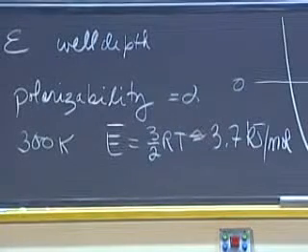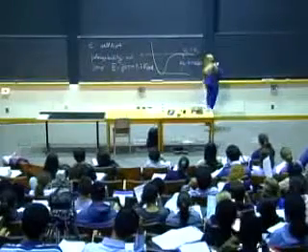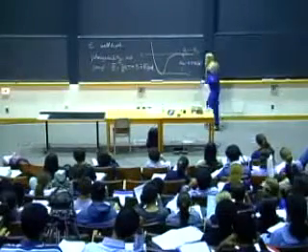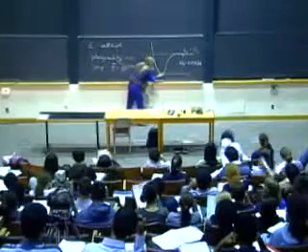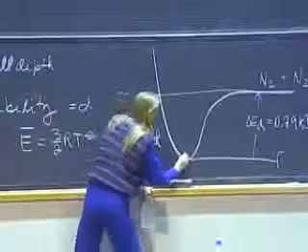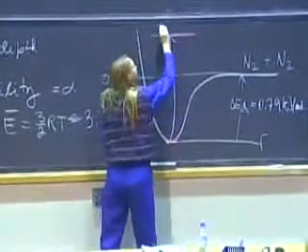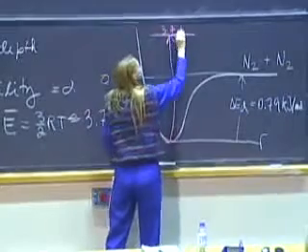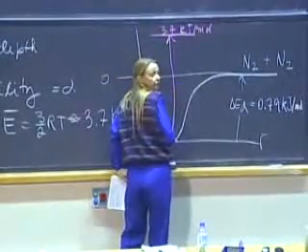Let me draw 3.7 kilojoules per mole here on this Lennard-Jones potential. When I do that, and I start here at the bottom of the well, and I draw 3.7 kilojoules per mole, well, that's somewhere way up here, right, compared to the interaction energy.